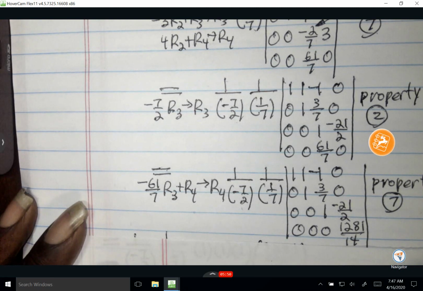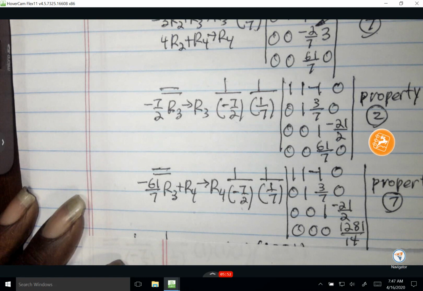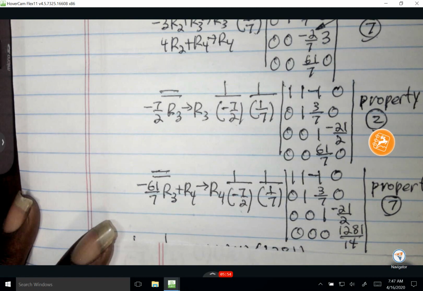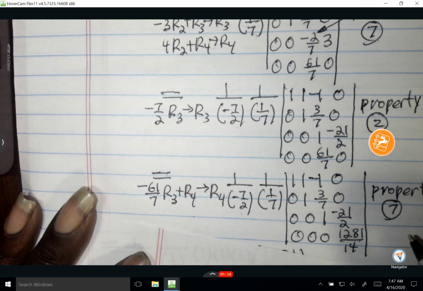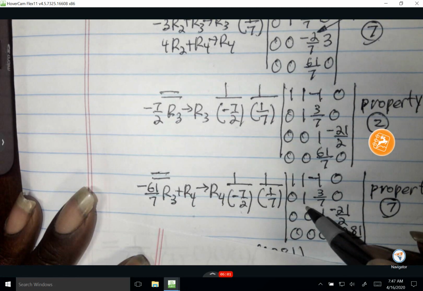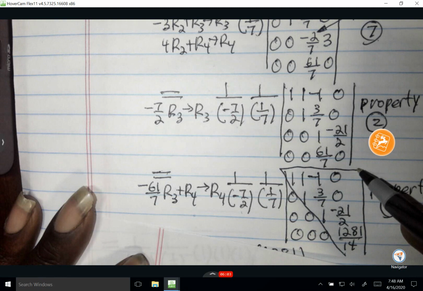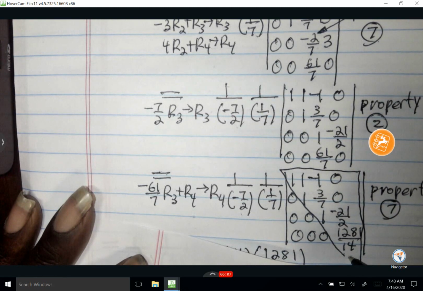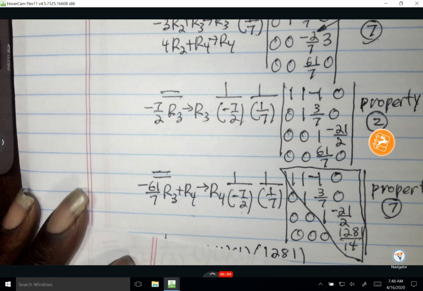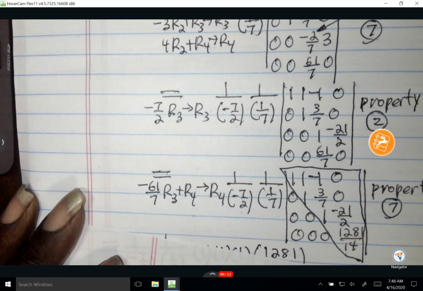Okay, finally we are upper triangular. Take a look. We are an upper triangular matrix. Below the main diagonal, there are zeros.